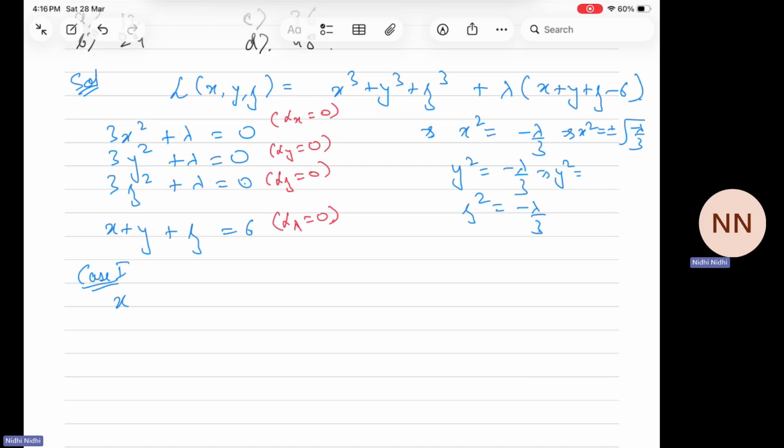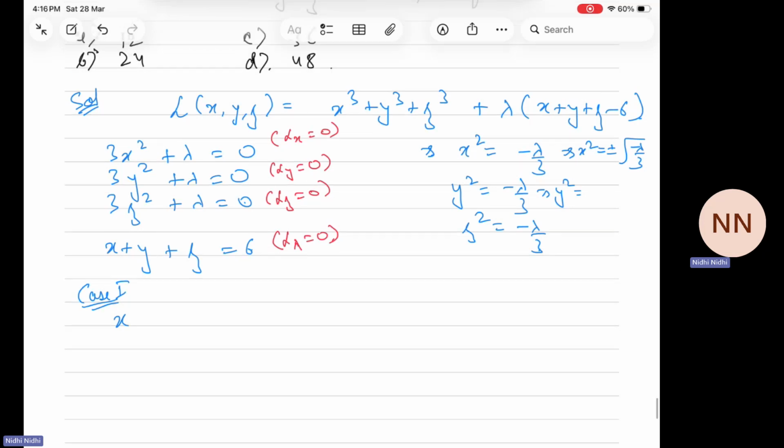In fact, in this case, for everything to be clear, this lambda should be negative, so we assume that lambda is negative. We'll find the value of lambda also. Similarly y is plus or minus under root minus lambda by 3, and z is plus or minus under root minus lambda by 3.